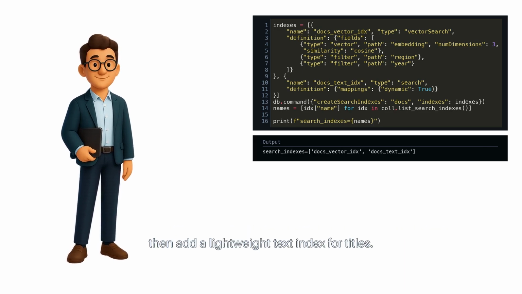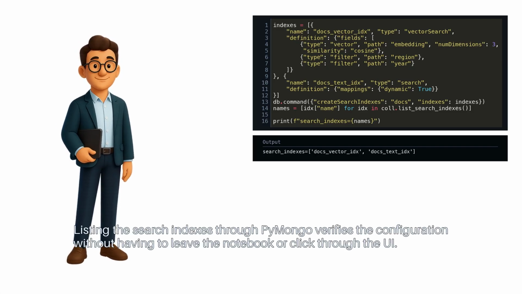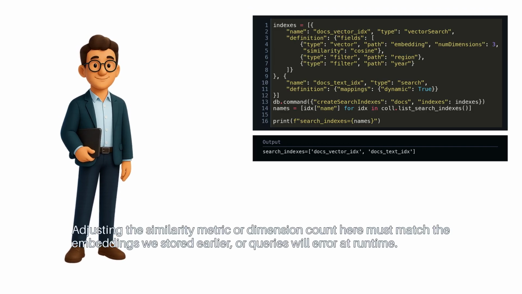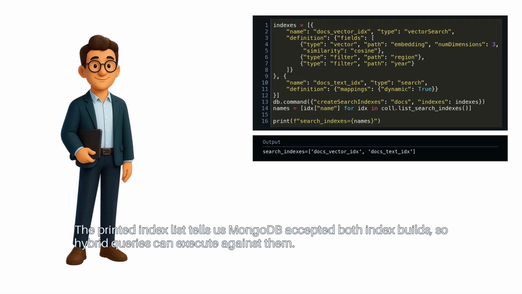Then we add a lightweight text index for titles. Listing the search indexes through PyMongo verifies the configuration without having to leave the notebook or click through the UI. Adjusting the similarity metric or dimension count here must match the embeddings we stored earlier, or queries will error at runtime. The printed index list tells us MongoDB accepted both index builds, so hybrid queries can execute against them.